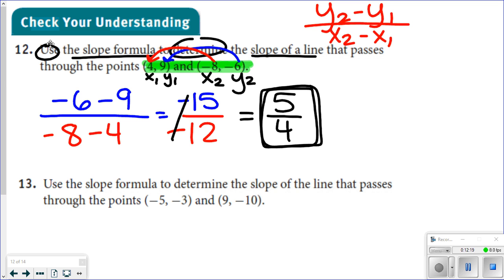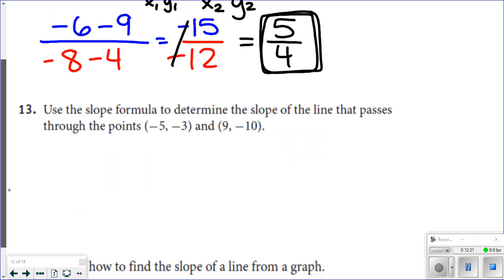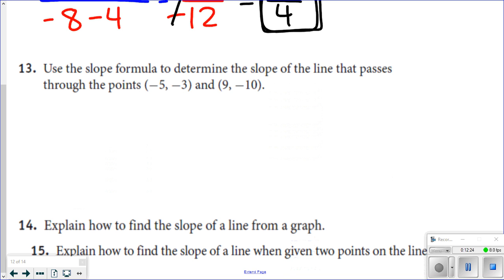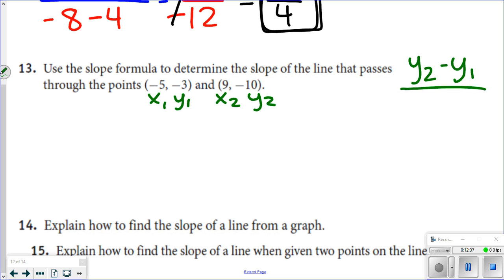Okay? So what I would like you to do is pause the video, and you are going to find the slope between these 2 points in question 13. There's the slope formula. Pause the video. Try your best.